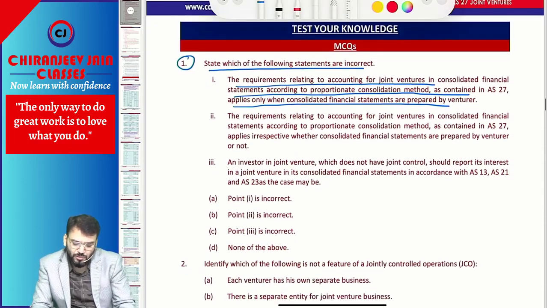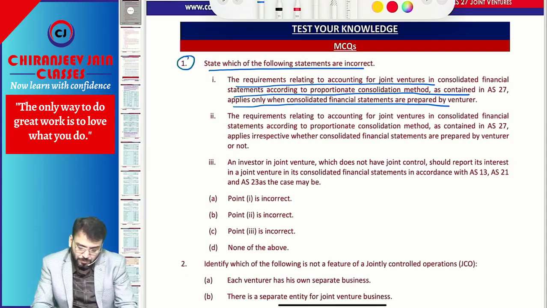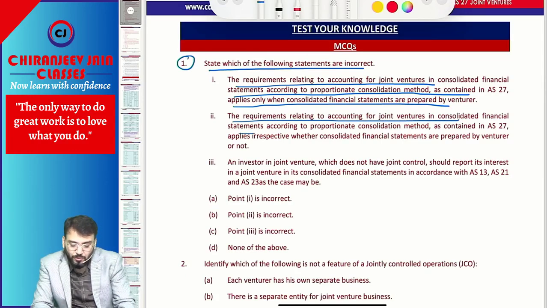Chalo, read the second. The requirement relating to the accounting for joint venture in consolidated financial statement according to the proportionate consolidation method as contained in AS 27 applies irrespective of whether the consolidated financial statements are prepared by venturer or not.